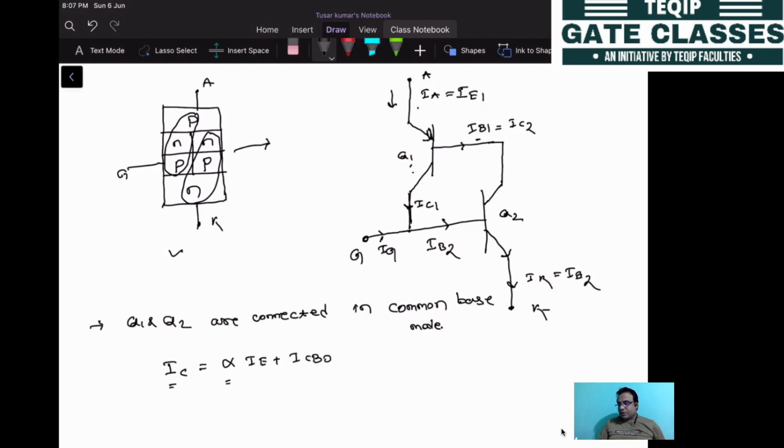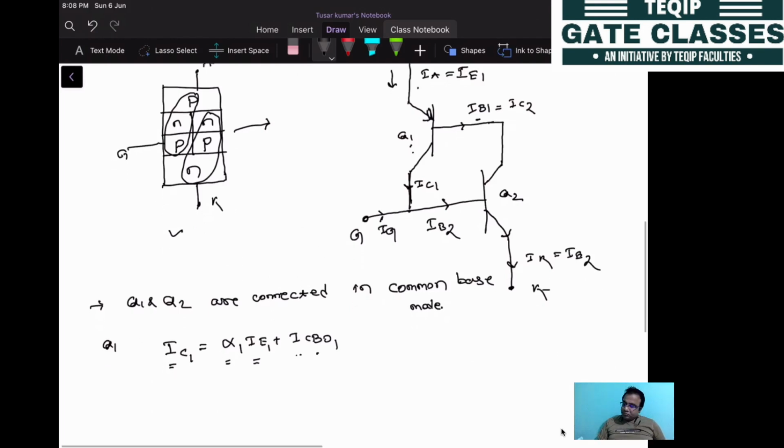This is the current amplification factor or current gain, this is the emitter current, and this is the collector to base leakage current when the emitter is open. Clear? As we are considering the first transistor, Q1, this will be IC1 equal to alpha 1 into IE1 plus ICBO1. All the values correspond to transistor 1, that is Q1.